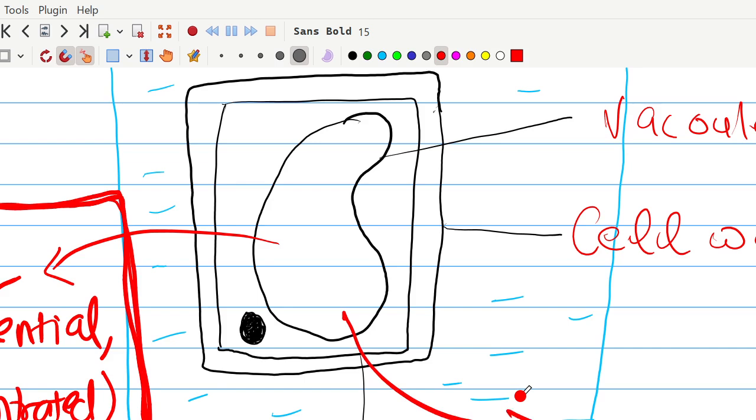The function of the vacuole is that it stores cell sap, with nutrients and mineral ions, so the cell sap is concentrated. So there's low water potential inside the vacuole because of the cell sap, which has salts in it, but the surrounding water is dilute.